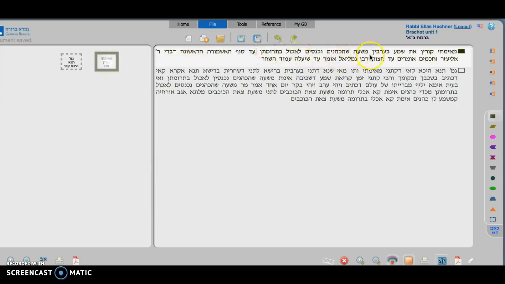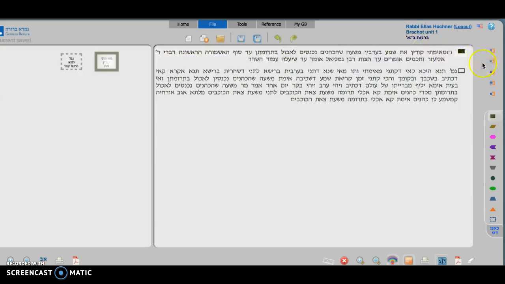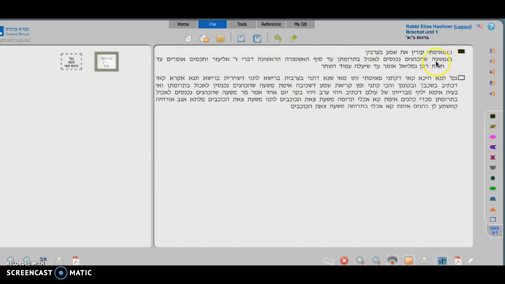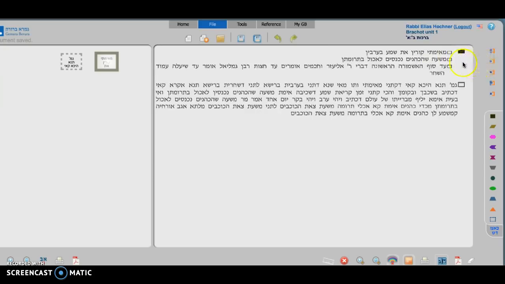So we are going to begin to subdivide. This is part of the Mishnah, but it is a subdivision because it is a separate sentence. This is where that sentence ends, and so therefore we subdivide.